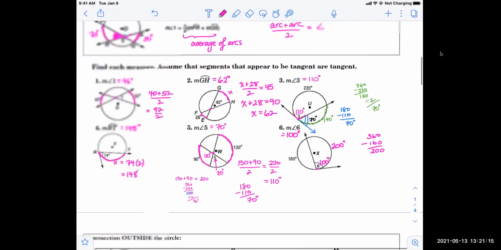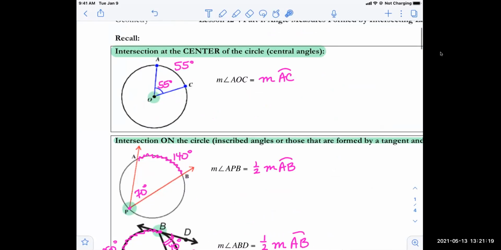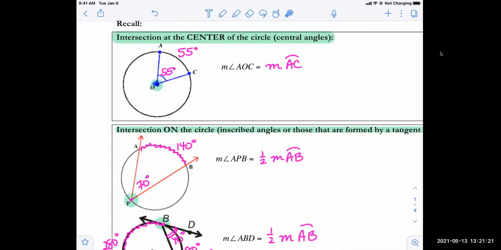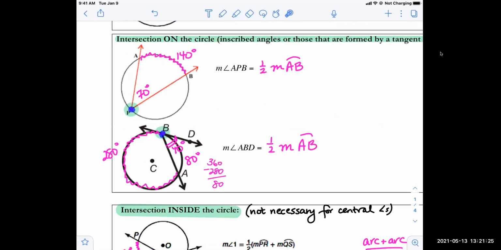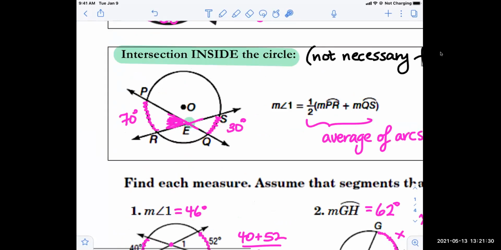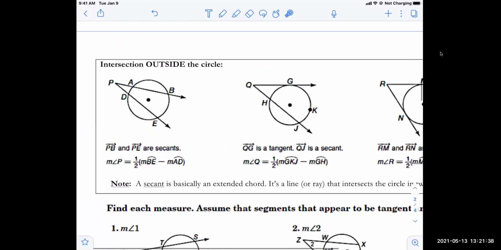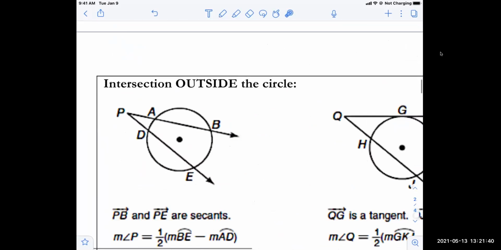Okay, so these are the angles we already talked about, right? We already talked about central angles. We already talked about inscribed angles, and then those ones that act like inscribed even though they're not. So what's new was you've got two things intersecting inside of the circle where the point of intersection is not at the center. And then the last possibility is maybe the intersection is actually outside of the circle.